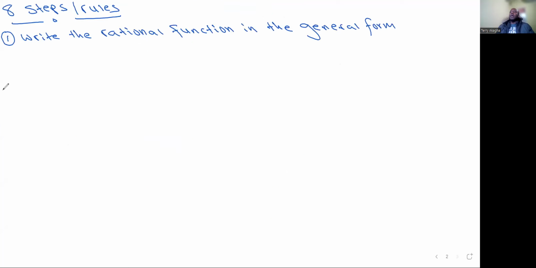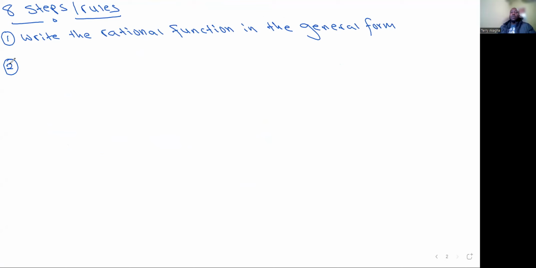Then when you're done with that, the next step is that you have to factor the numerator and the denominator, okay? And if possible, you have to check if anything can be canceled out. So basically what we are trying to do is see if there is a hole in the rational function. Please go back, I also have a video on how to find holes of a rational function.